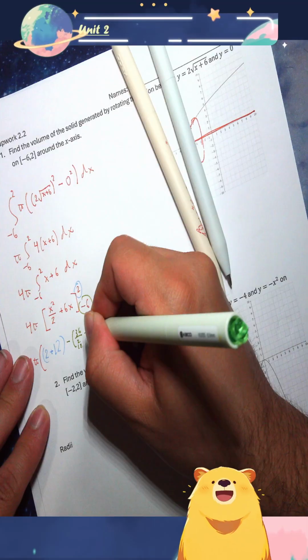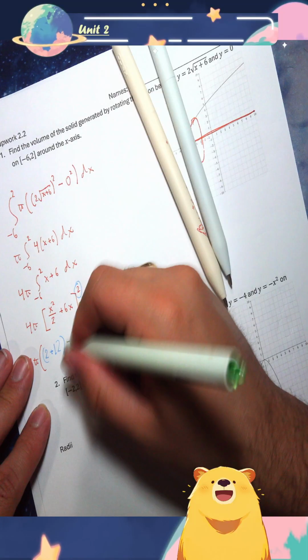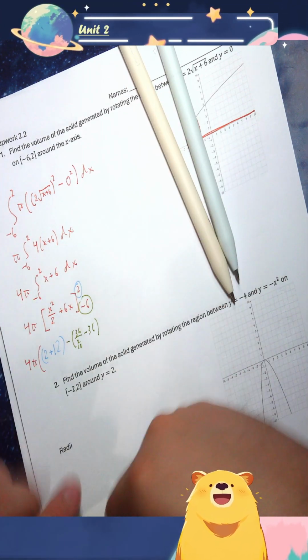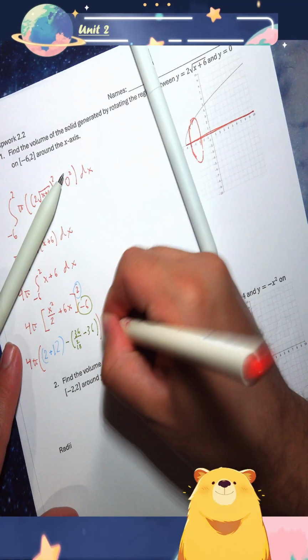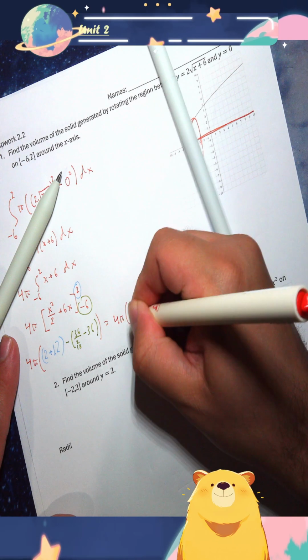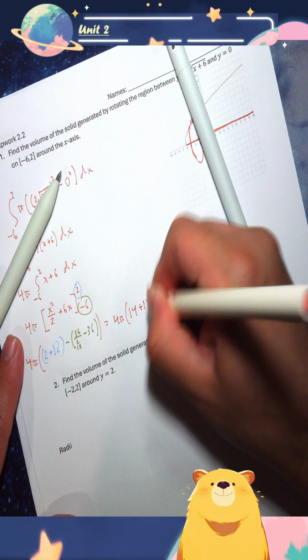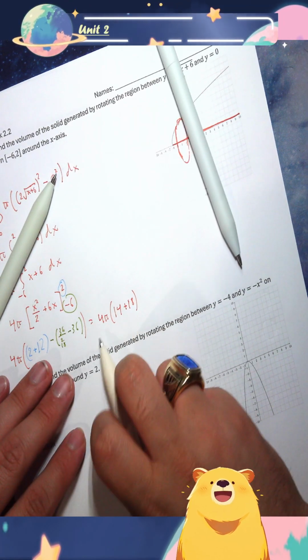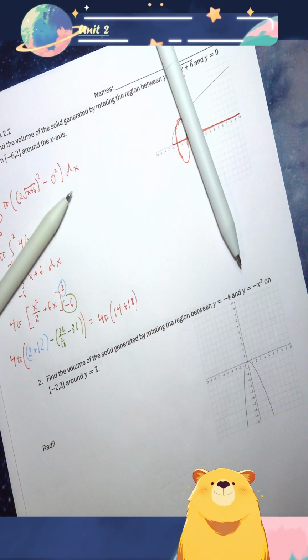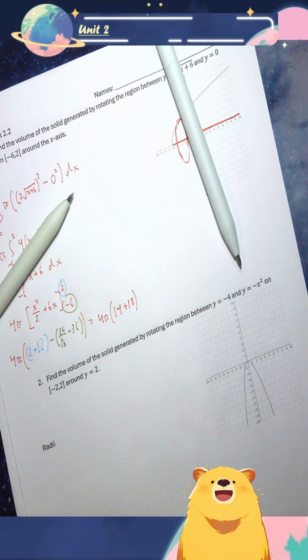And then minus 36, so that'd be a -18 that comes out positive later. So we have 4 pi times 14 plus 18, which is just 32, times 4, which is, I think it's going to be like 128.